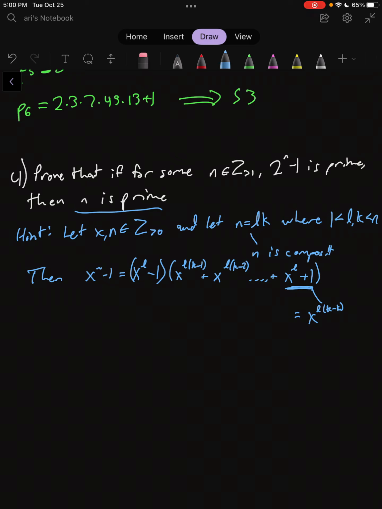All right, so this hint is not just giving us this equation for no reason. It's giving us a hint that embeds an n that is composite. And in our problem, n is prime, so why would we be getting this hint? Maybe we're supposed to do a proof by contradiction, where we suppose that n is not prime.